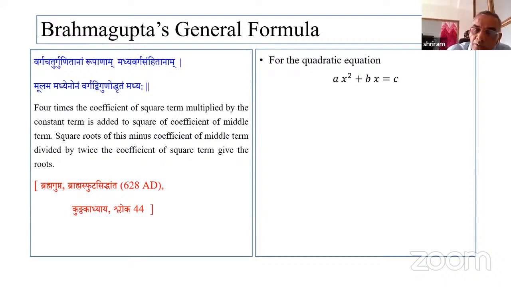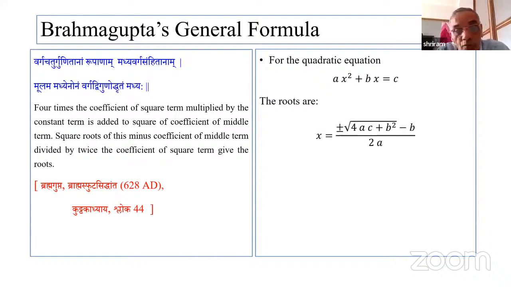So he is saying exactly this. What will be the root? Root will be equal to plus or minus under root of 4ac plus b square, minus b, divided by twice a. So just read the translation and its mathematical formulation, and you will understand correctly what Brahmagupta is saying.